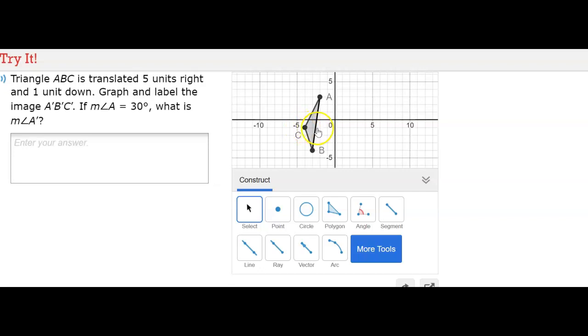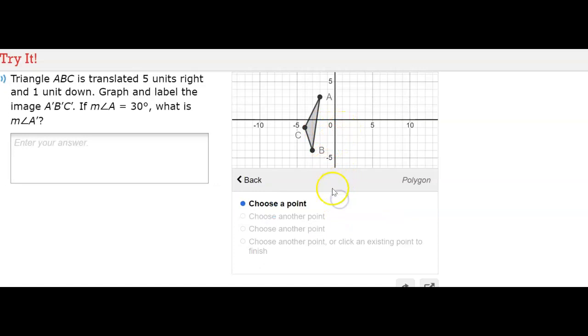So 1, 2, 3, 4, 5. Okay, and then this one is 1, 2, 3, 4, 5. Oh, and then 1 is down. Let me move this down. Oh, I gotta start over.